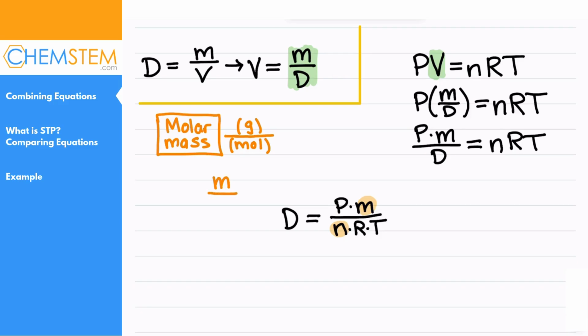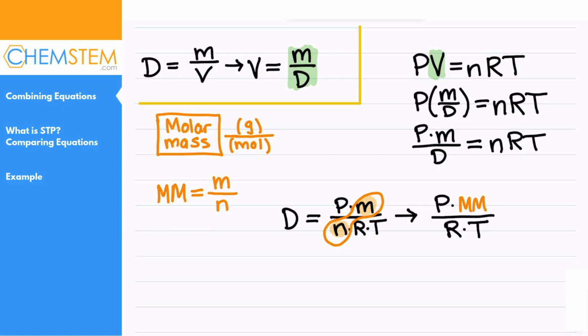And what variable is used to represent moles? That is n, which means that the molar mass, capital M, you might also see it abbreviated as just a sideways capital M, but I'm using double M, is equal to m over n. That means we can actually replace m over n with the molar mass variable in the numerator. That gives us that density is equal to pressure times molar mass divided by R times T.